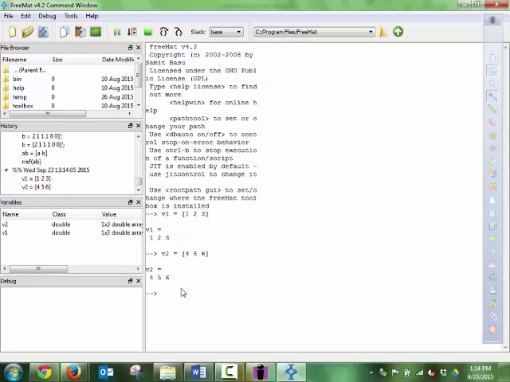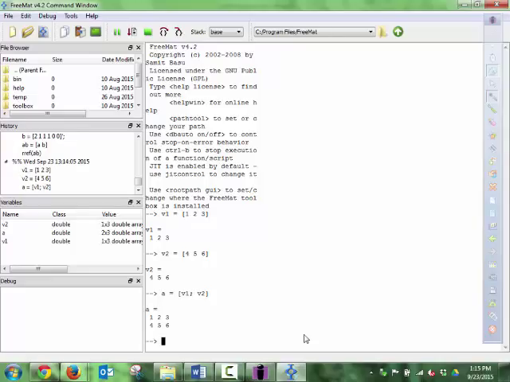If we treat these as row vectors, we can set up a matrix with these as the rows. I'll take V1 as my first row, and to get to the next row I use a semicolon. Then V2 as my second row. And now I have a matrix. This matrix is a 2 by 3 matrix.